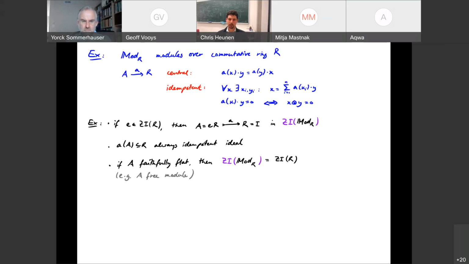Now I've written out here what it means to be central and what it means to be idempotent. So the conditions of the definition are translated algebraically into the following. If you take two arbitrary elements x and y of your module, then a(x) times y should be the same as a(y) times x. And also for every element in the module, I want there to be a finite number of elements in the module such that I can write the given element as a sum of a(x)(y_i) times y_i.